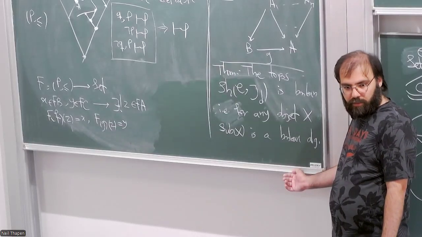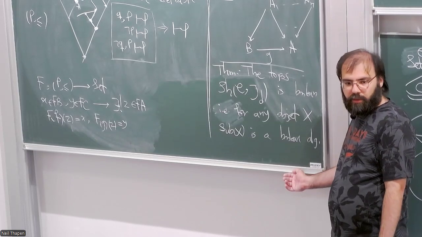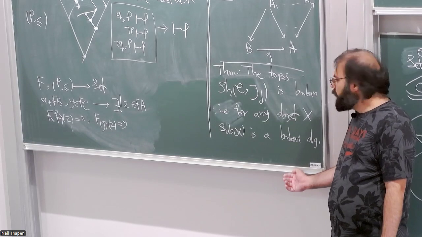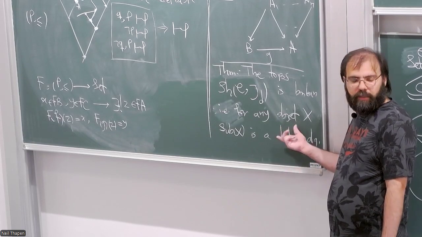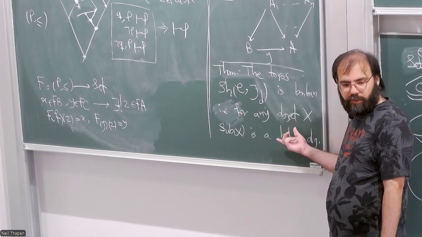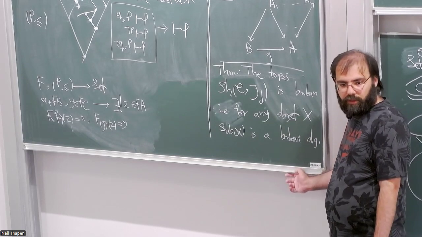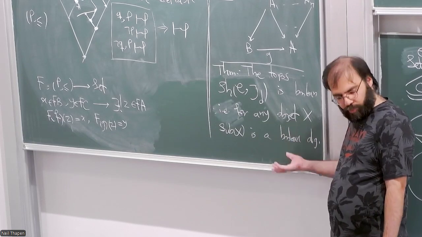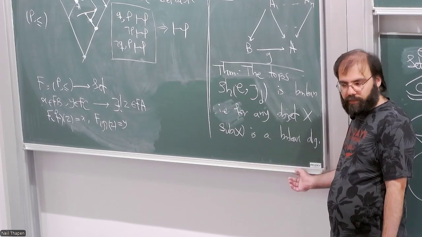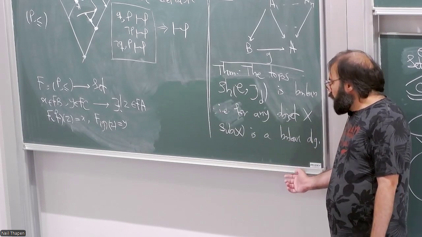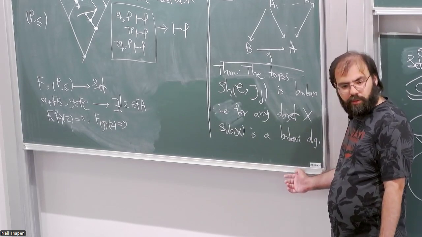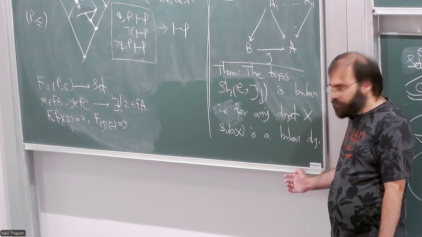Extra, that is also Boolean. So every element here has a complement. That's true for Boolean, not true for Heyting.